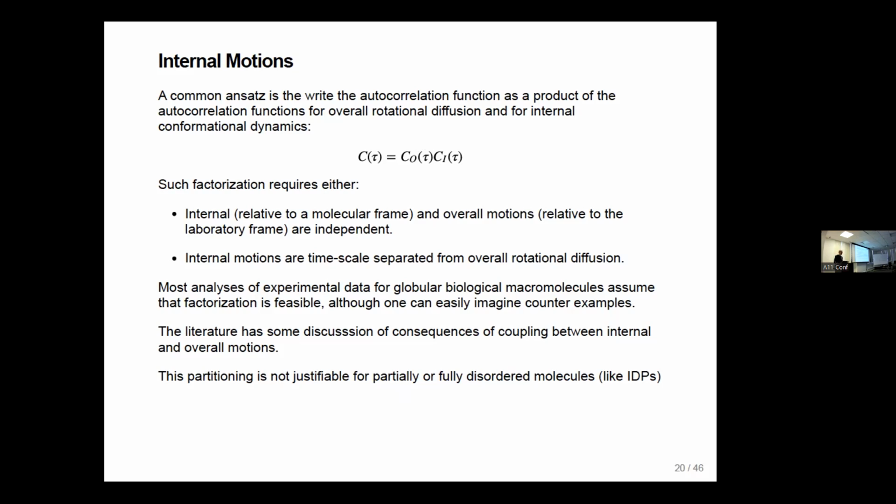A lot of times you'll see in the literature, we mostly argue on the basis of time scale separation and get nervous if the time scales between overall tumbling and internal motion start to get close to each other. There are some papers about coupling between internal and overall motions.